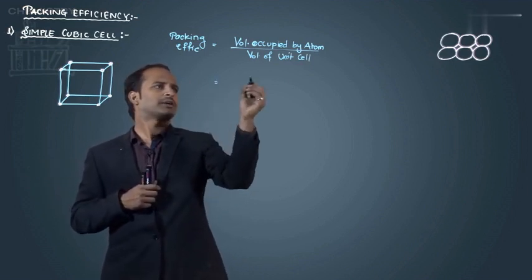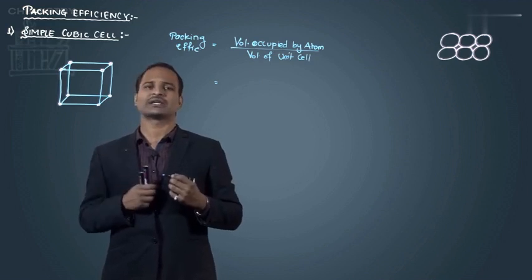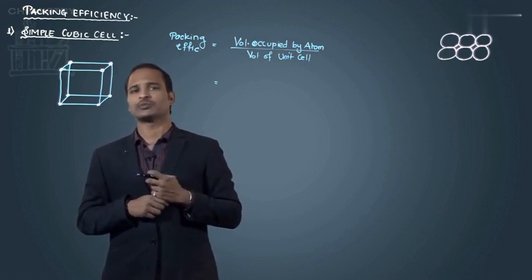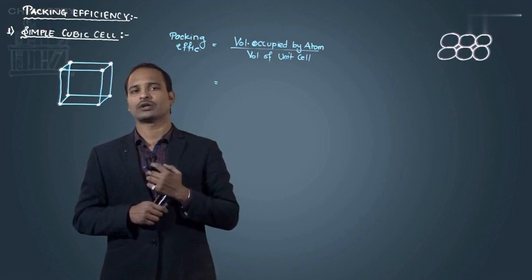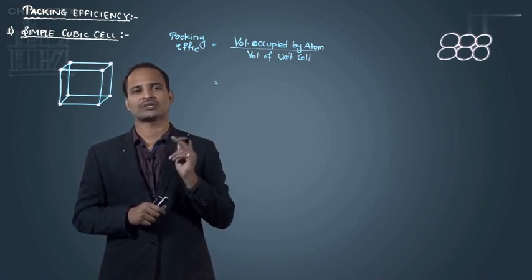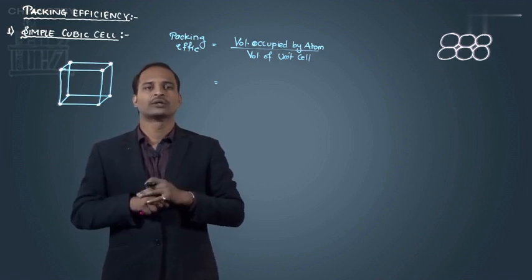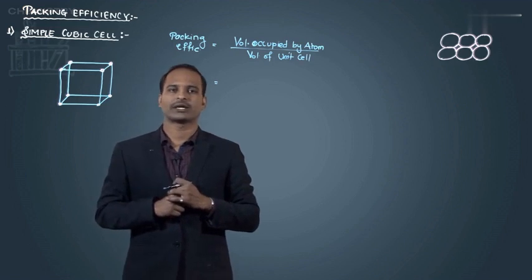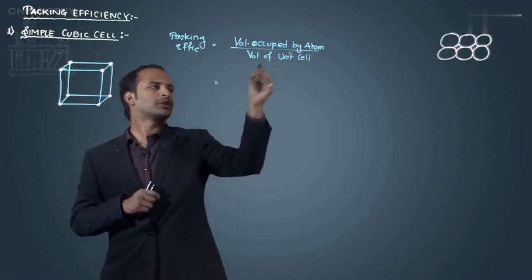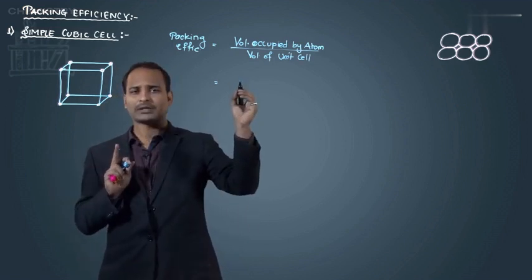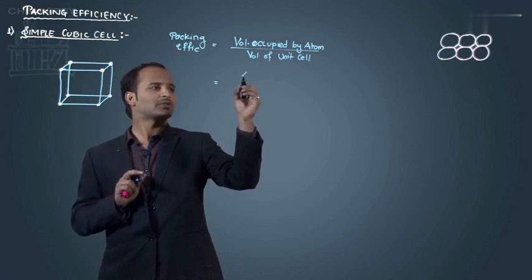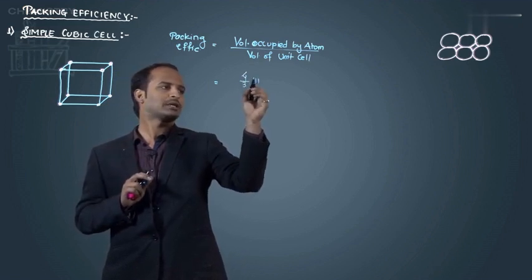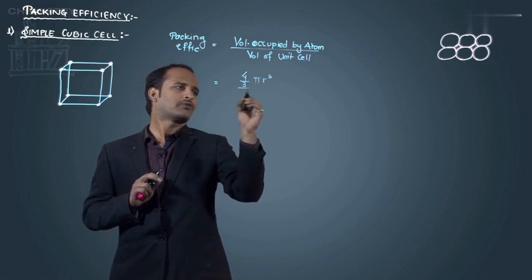So for the volume occupied by atoms in a simple cubic cell, how many atoms are there? In the simple cubic cell the particles are present only on the corners, and each corner particle's contribution is 1/8. There are 8 corners, so the total number of atoms is 1/8 into 8, that is 1. So the volume occupied by one atom, which is spherical in shape, is 4/3 pi r cube, upon the volume of the unit cell.